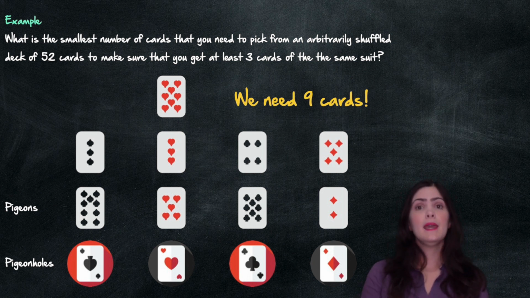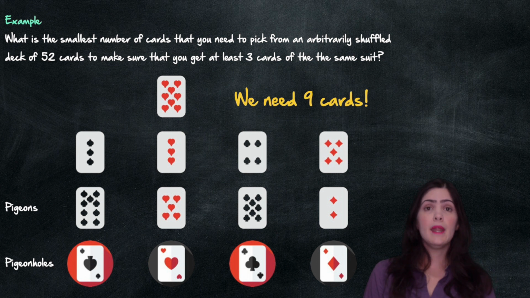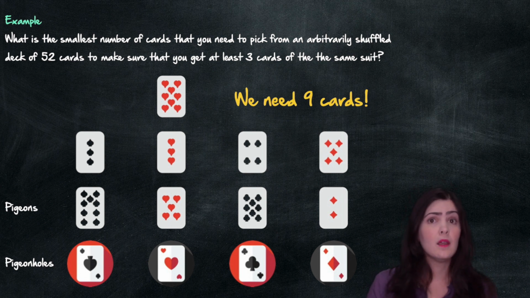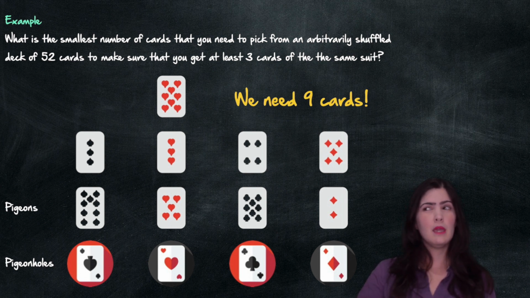So imagine that you're playing a game and you win if you get 3 cards of the same suit, and you have to blindly draw cards, cannot take a look at them, and you want to be 100% sure that you're going to win. But maybe you have to pay some money for each card you draw.